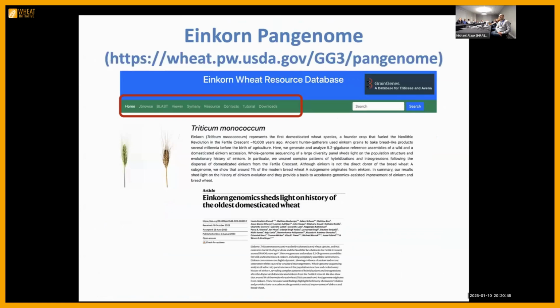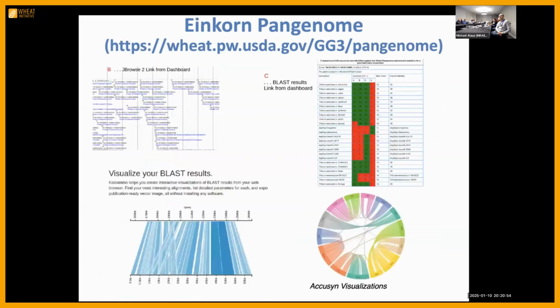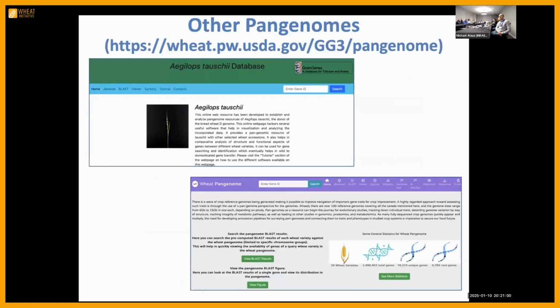We do have the pan genome areas as well, separate. So this is Einkorn. We have several tools for JBrowse2, BLAST, and other types of tools. We also developed an area for AgileOps Stash, and a separate area with genomes is being generated.